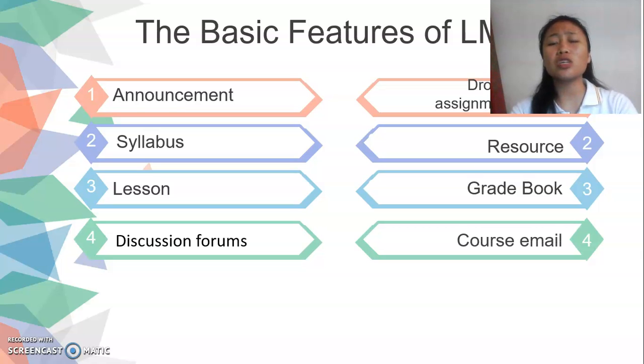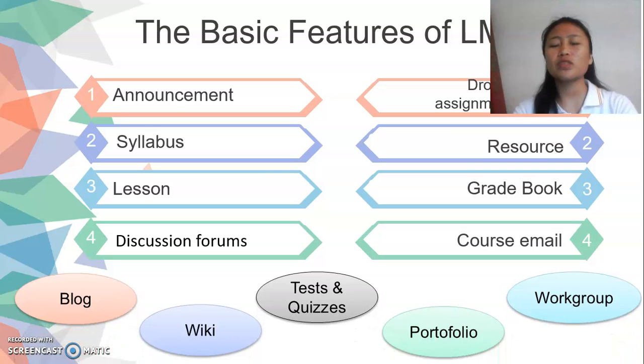And the next is about course email. This is like private, so the student can send an email to the teacher, student to student, or teacher to student. That's only the basic features of LMS. There are other features of LMS such as blog, wiki, task, quizzes, portfolio, and workbook.